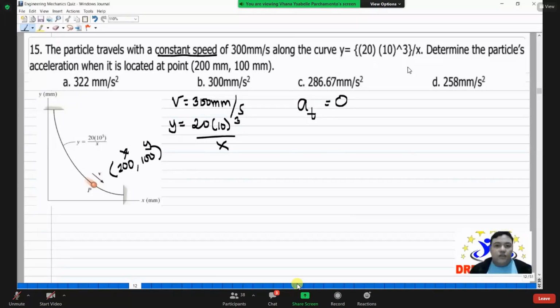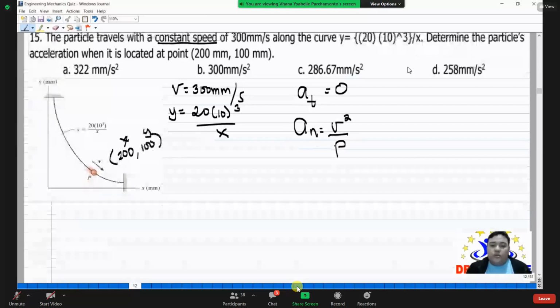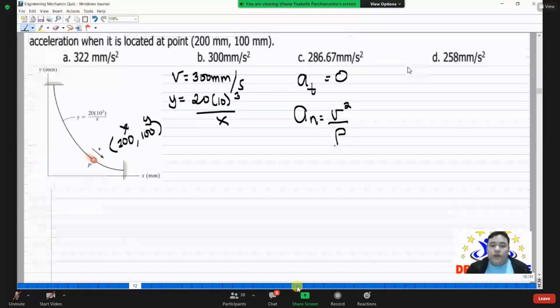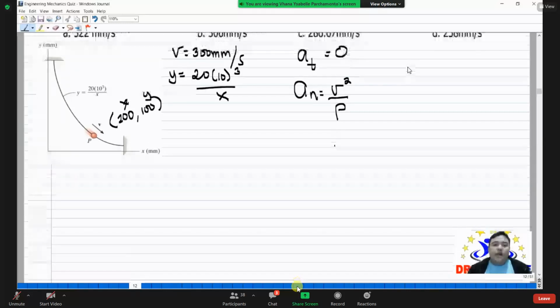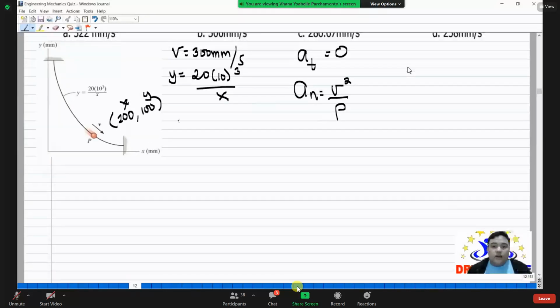Okay? So since this is a curvilinear motion, kailangan natin ng a sub n. So a sub n now here is equal to v squared all over rho. Kasi curvilinear kaya may normal, ano tayo? Normal component ng acceleration. Okay, so we are going to find now your radius of curvature.